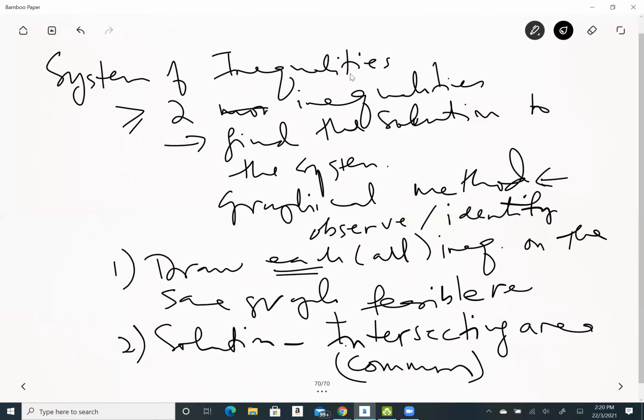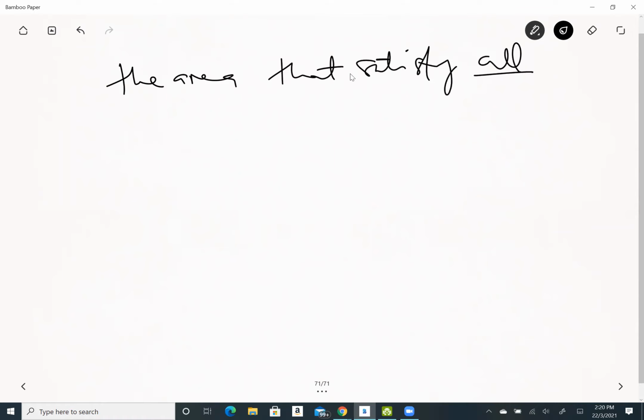Feasible region, short form FR, common area CA. It is a common area or intersecting area. That is the region that satisfies all the inequalities in the system.